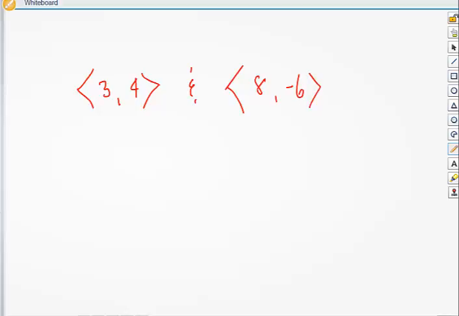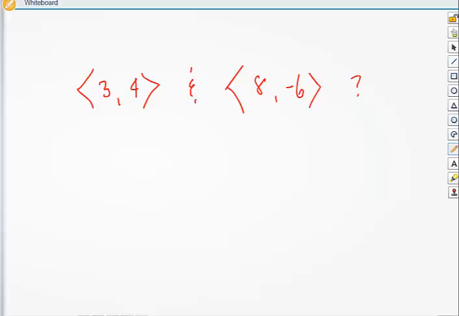Are they orthogonal? Of course, my calculator. How do you know?